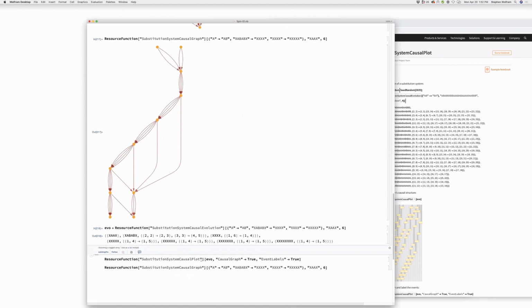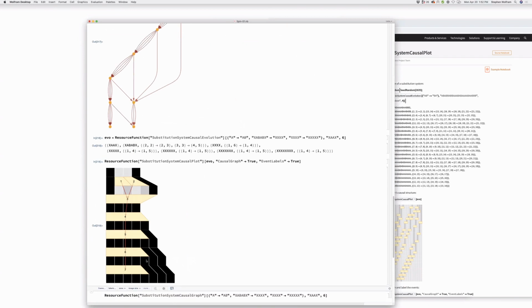Rather boring, but let's try plotting that and see what it looks like. Okay. All right, so this is presumably the A's, the B's, etc. Let's look at this for a little bit longer.